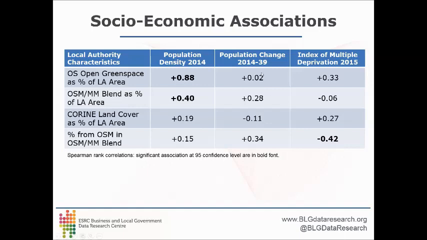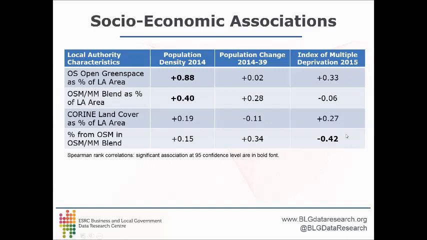I was quite interested to see what sorts of correlations they might have with population change. What does this suggest about relationships between development, projected population change, the age of the population, and so forth? There are positive relationships with some of those sorts of things, but they're not actually statistically significant.